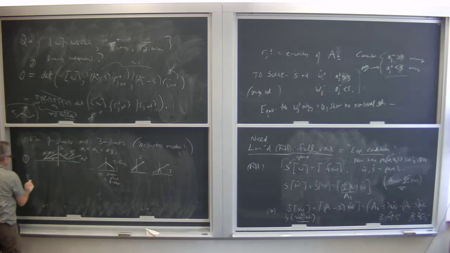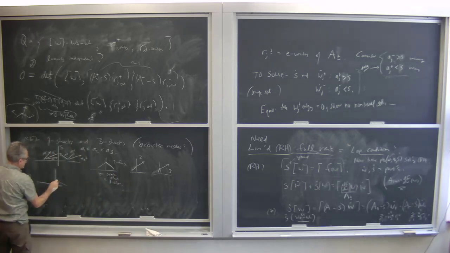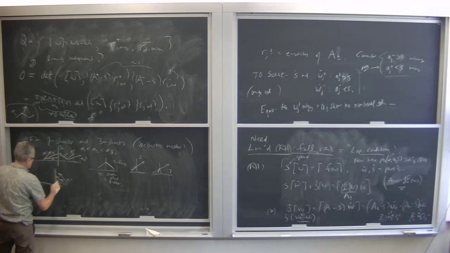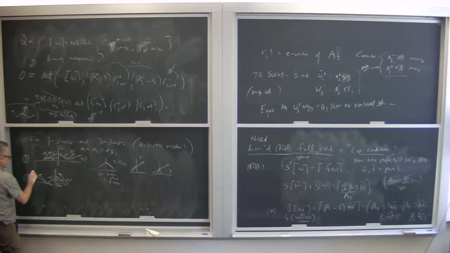A three shock would be the reverse scenario where everything is entering on the right, and only the three mode is entering on the left. This is a Lax three shock.